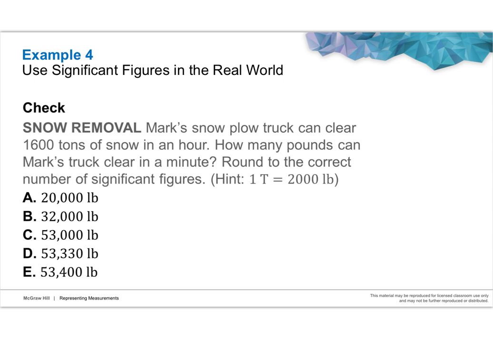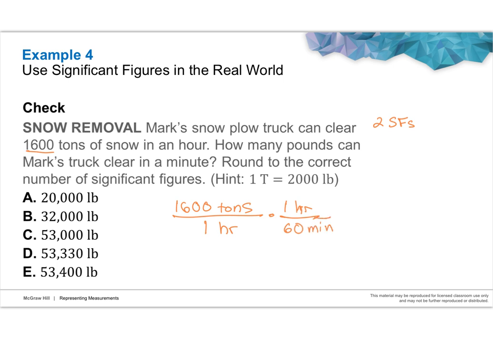In our check for example 4, we're doing a calculation here, which is going to use the measured value of 1,600 tons of snow and take that number of significant figures, which is 2. And so we're going to take our 1,600 tons over 1 hour, and we're going to multiply that by a conversion factor that 1 hour is 60 minutes.